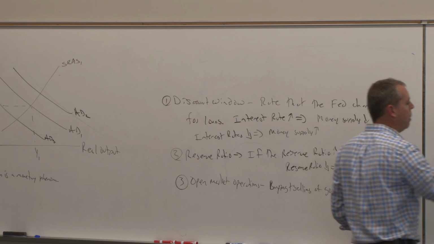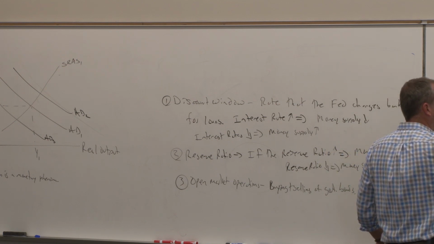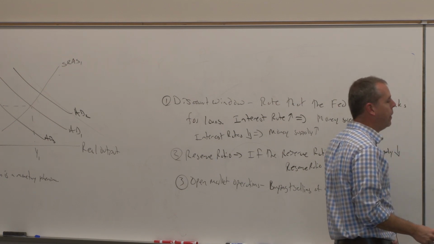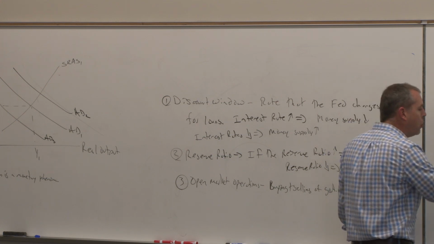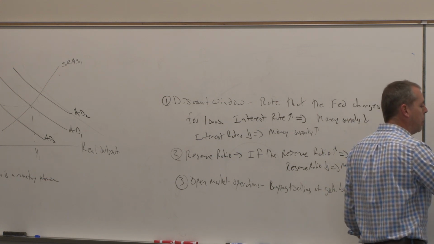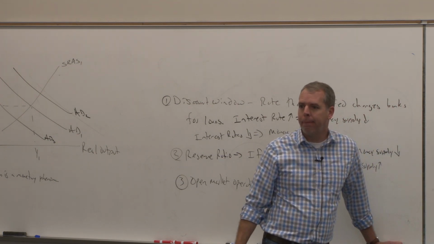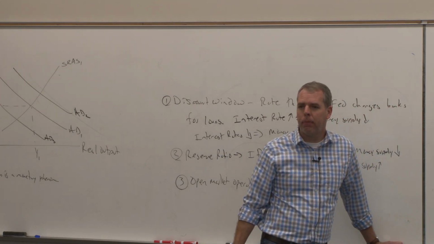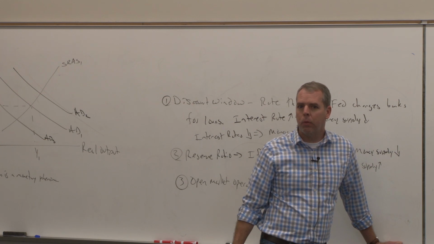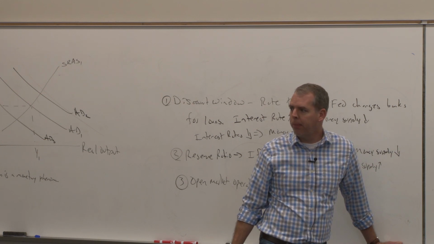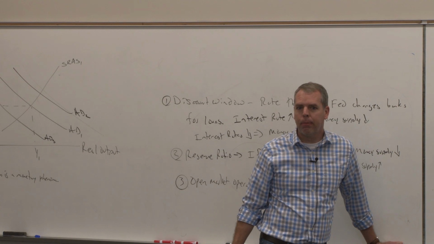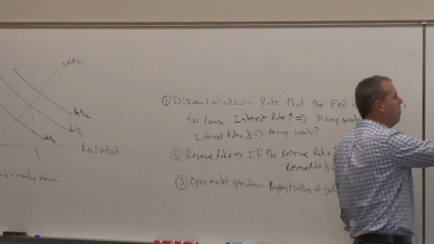You have a bond. Here's the Fed. If they buy bonds, the bond is coming this way, and what's coming this way? What do they give me in exchange for the bond? Cash. They give me money.